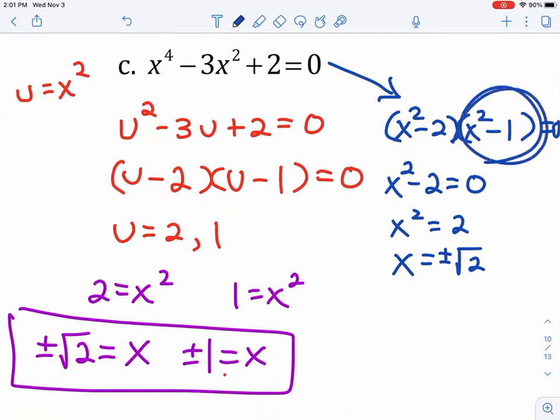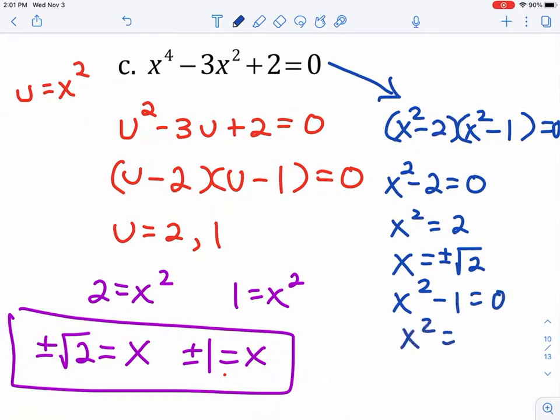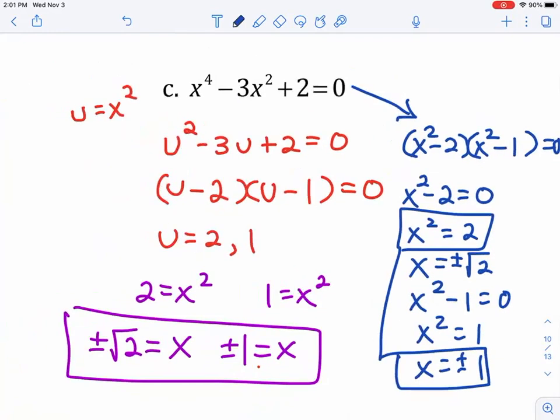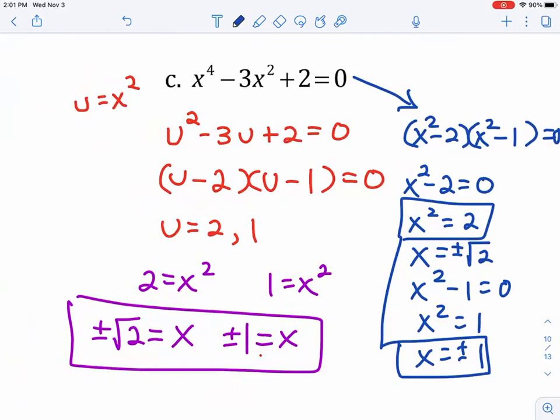And then I could set the other part, the x squared minus 1, equal to 0. And that's going to give me my plus or minus 1. So you can do it one way or the other, but of course you don't have to do both ways.